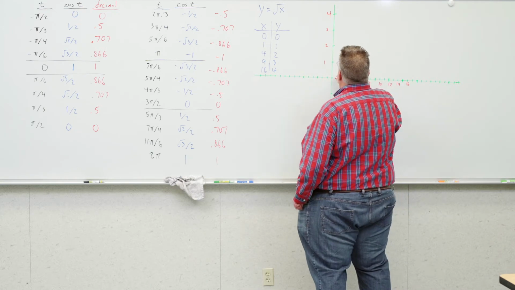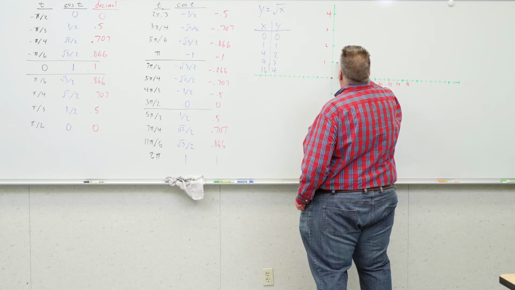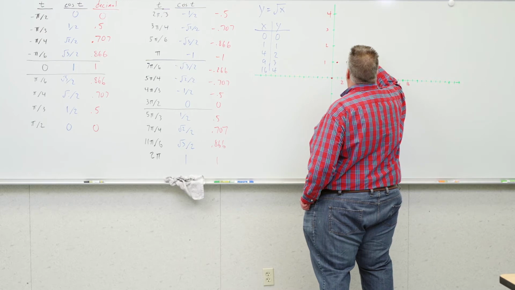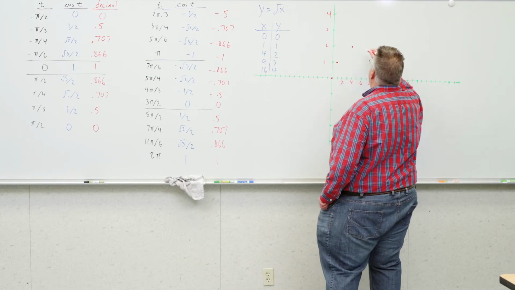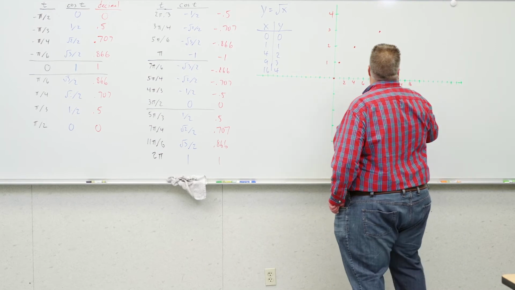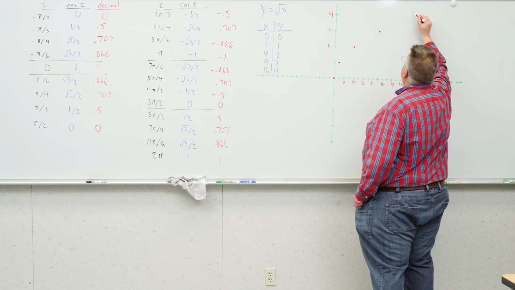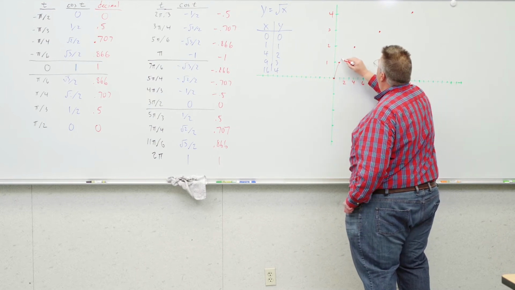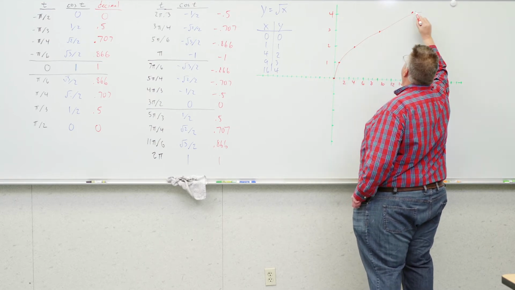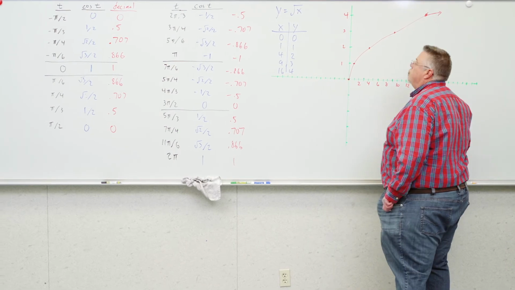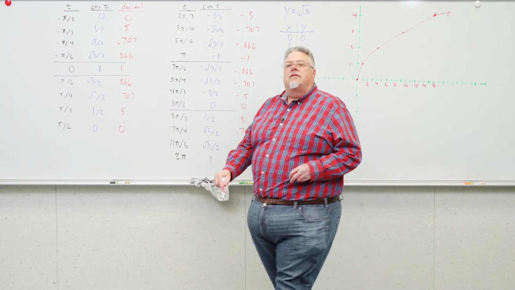So I've got points 0, 0, 1, 1, 4, 2, 9, 3, and 16, 4. Of course, this would be more accurate if I was doing it on graph paper. And you get an idea to draw a curve that looks like that.